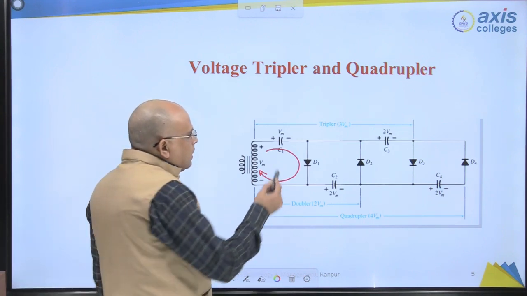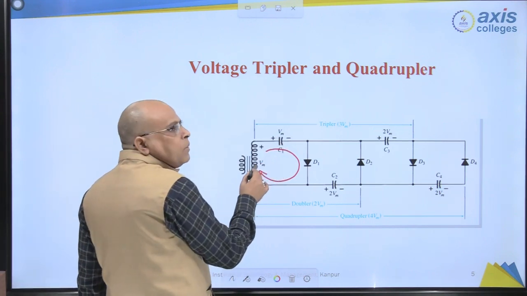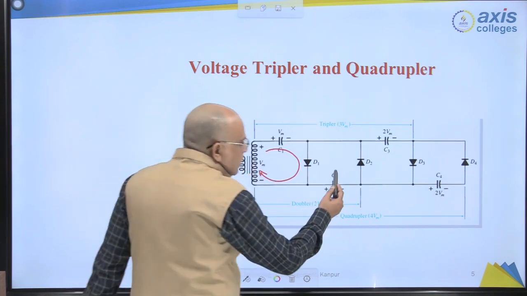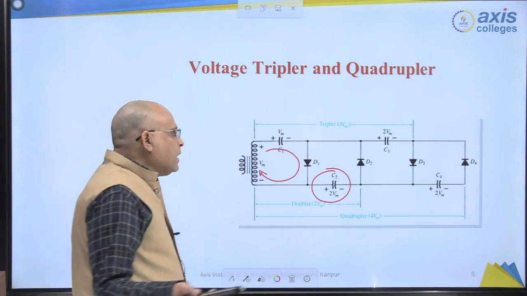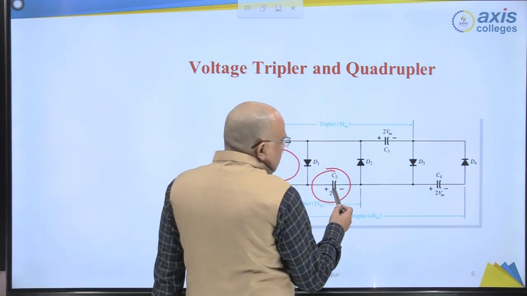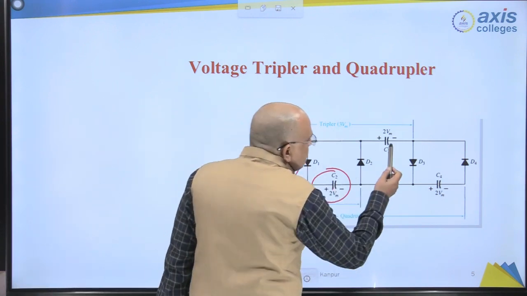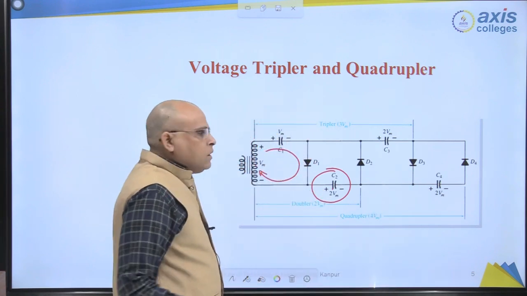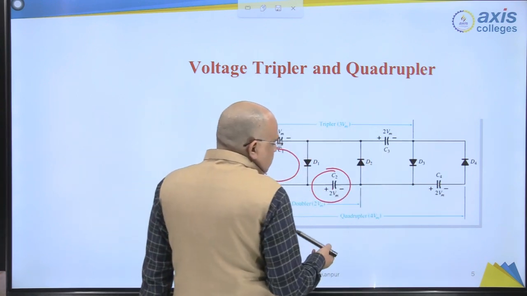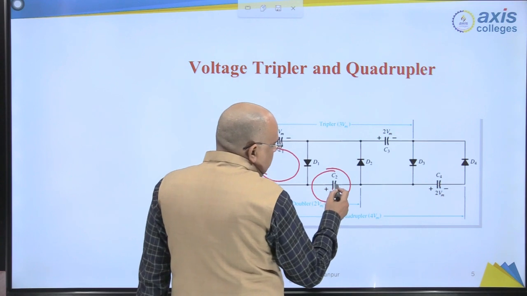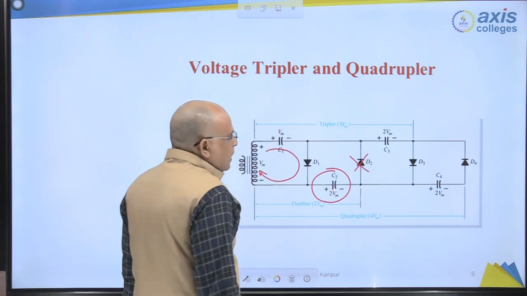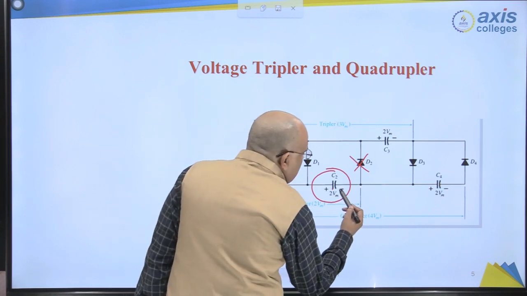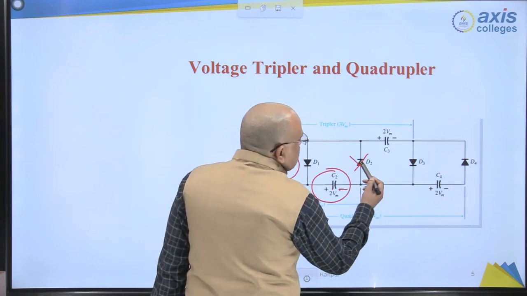In the next half cycle, this Vm and this Vm make twice Vm. This capacitor will be charged with twice Vm. In the next cycle, this twice Vm will make this capacitor charged with twice Vm. Why? Because this is not conducting: this twice Vm has negative here, and this is the P region.